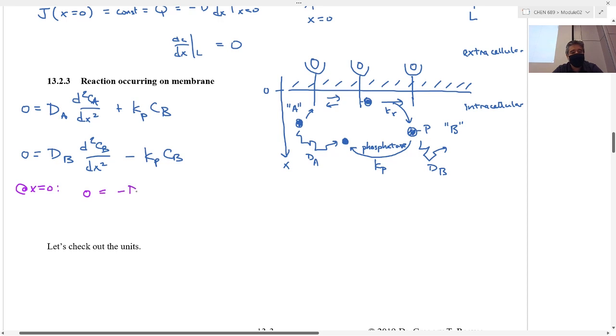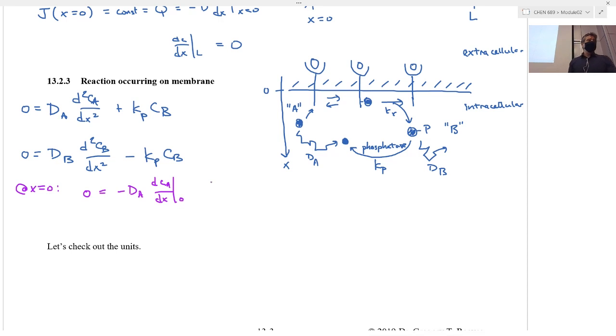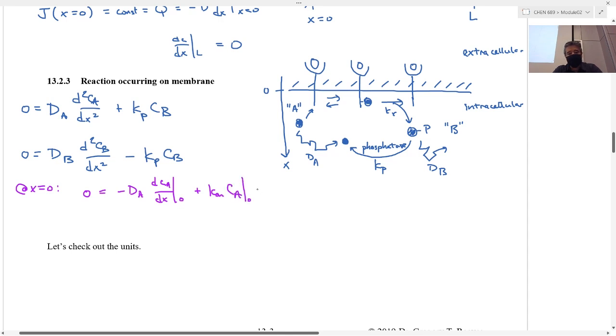you have the negative diffusivity of A times dC_A/dx evaluated at x equals 0. That is your flux away from the membrane. And then you have the reaction at the membrane, plus K_on times the concentration of A evaluated at 0 times the receptor concentration, minus K_off, because that's your other reaction associated with the molecule A, times the concentration of the C_AR complex.